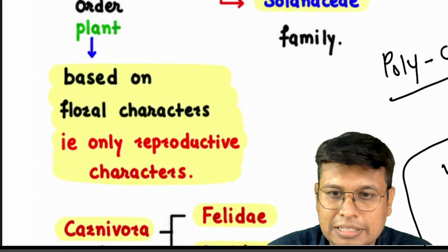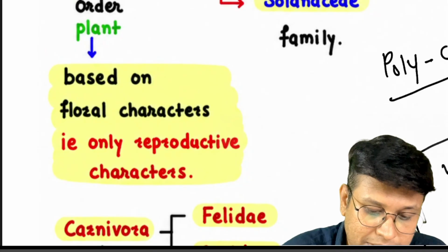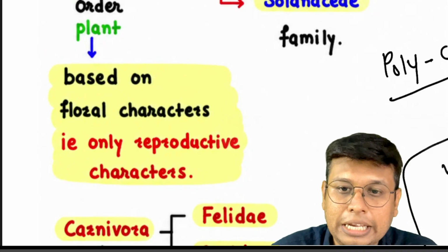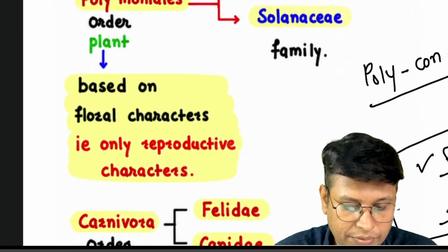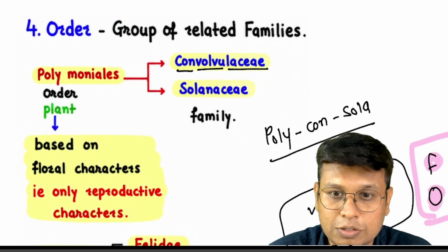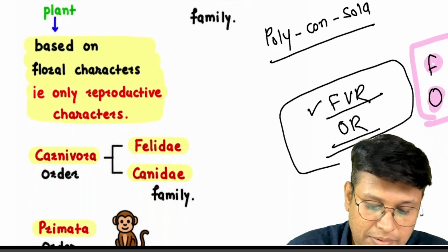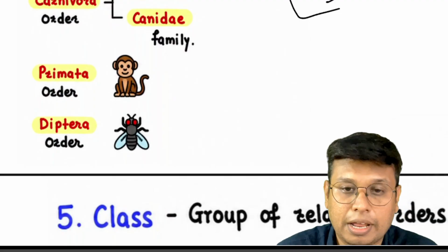Reproductive characters in plants are what? Floral characters. So only this word is important, that is, only reproductive characters. Okay, so I think we have understood order, there is no confusion, and particularly these are the animal orders, Primata, Diptera, and all that.